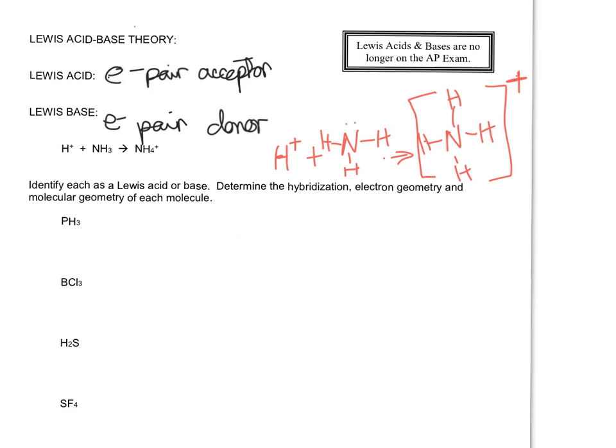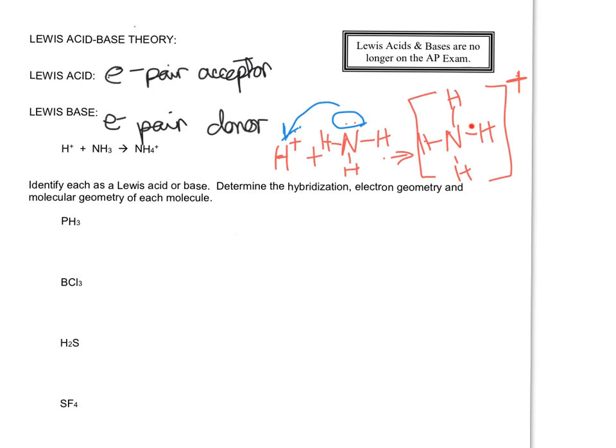A Lewis base will have a pair of electrons to donate. Those electrons are donated to the hydrogen, and that makes the bond between the hydrogen and the nitrogen.